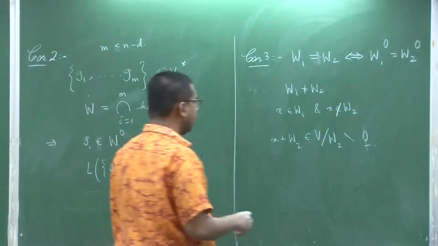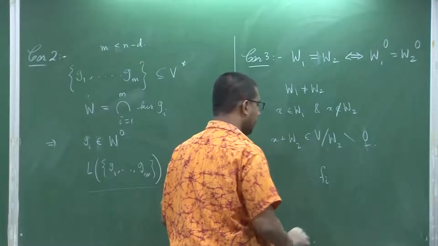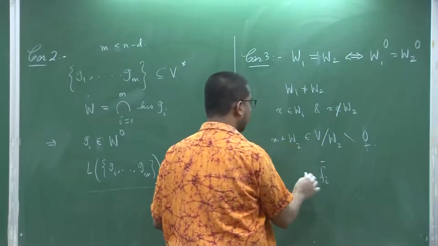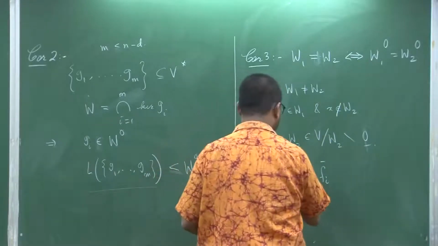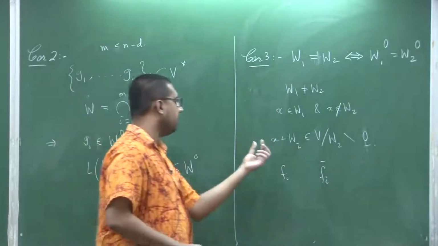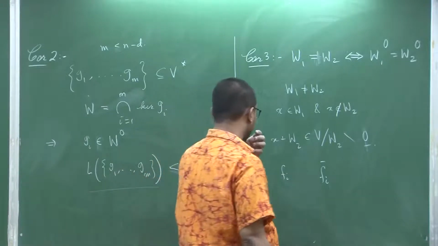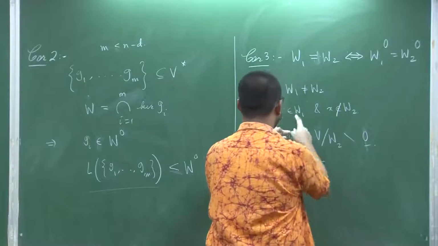If the ith coordinate is non-zero, you consider that ith coordinate function f bar and then pull it back to f_i. And it is clear that x belongs to W1.